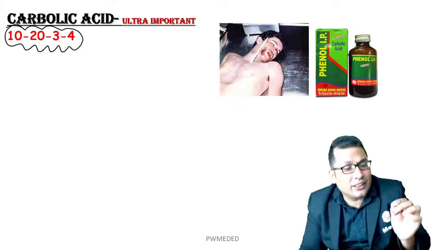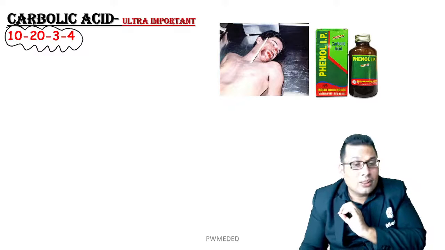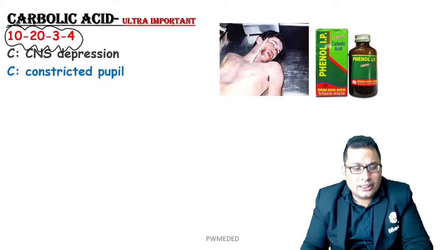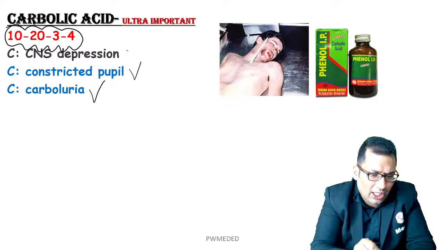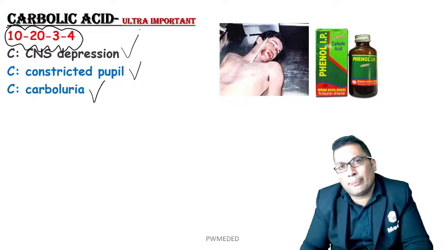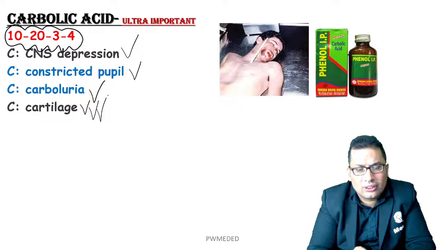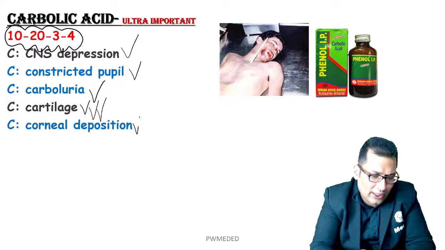The fatal period is 3 to 4 hours. 5C is the mnemonic: CNS depression, constricted pupil, carboluria. Why carboluria? Hydroquinone and pyrocatechol derivative. In cartilage, there can be deposition, known as ochronosis. There can be corneal deposition.